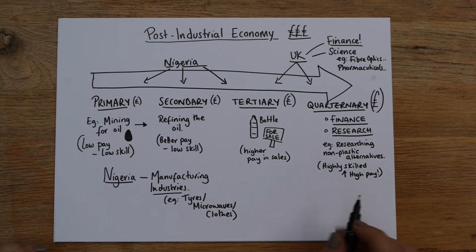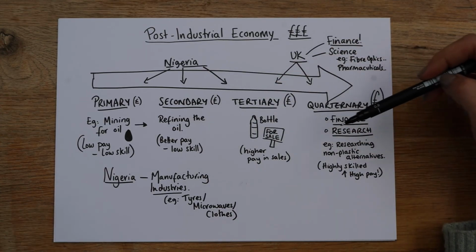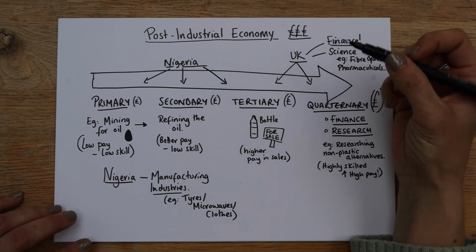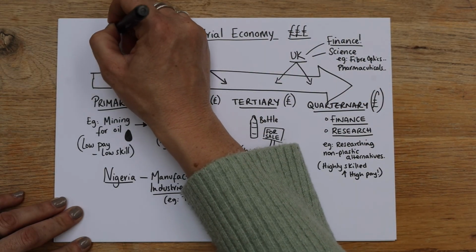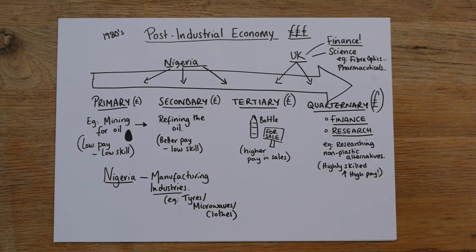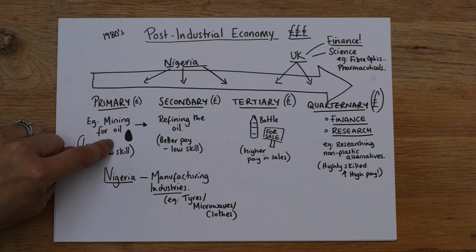All I would add, and it's just a small thing, but if you're thinking about this for the north-south divide, it was around the 1980s that Margaret Thatcher came into power, and she basically closed down coal mines. So we were mining for coal.